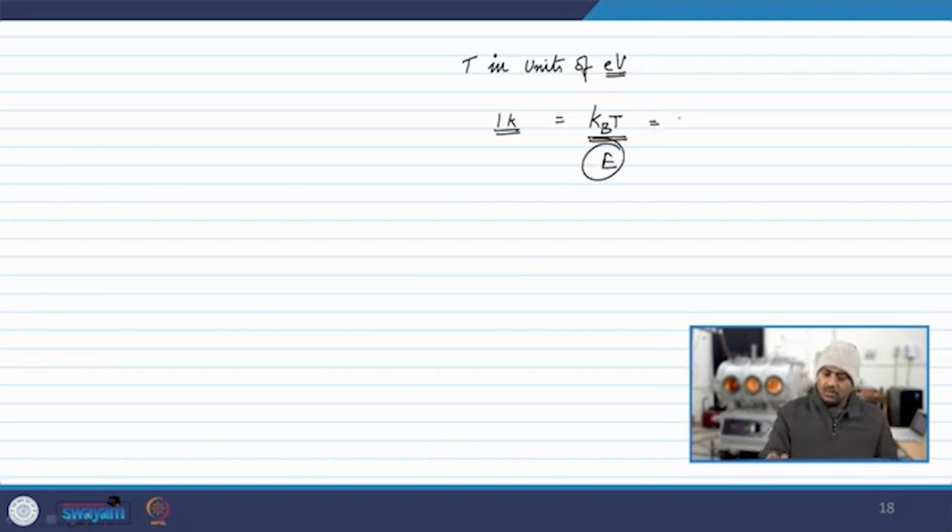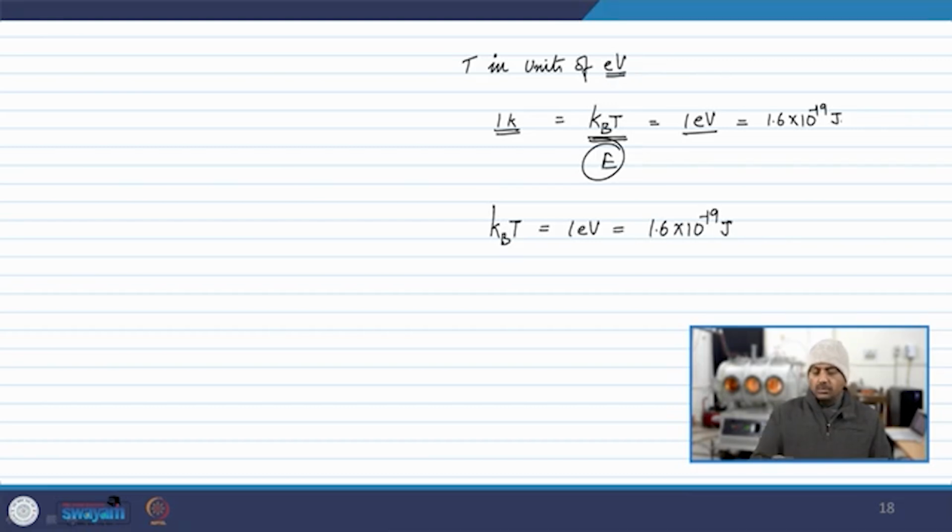Let's say if energy is 1 eV, what it means is 1.6 times 10 to the power of minus 19 joules, right? kBT is this. Now the kBT, the thermal energy, if it is equal to 1 electron volt, which means 1.6 times 10 to the power of minus 19 joules.